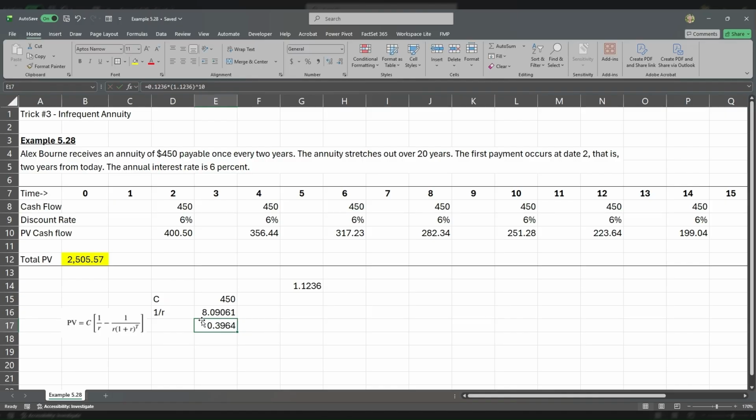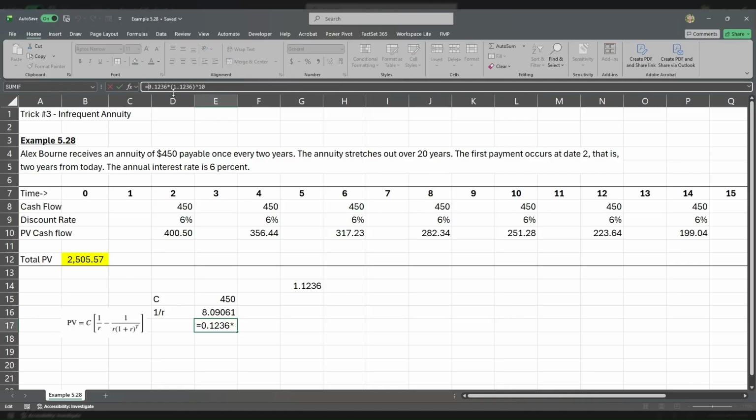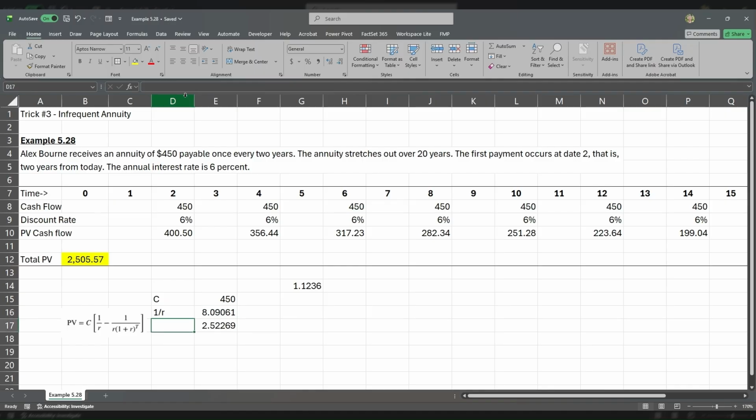And I get this, but I need to put this all underneath 1. So 1 divided by that. And this is 1 divided by R times 1 plus R to the power of T. Okay.